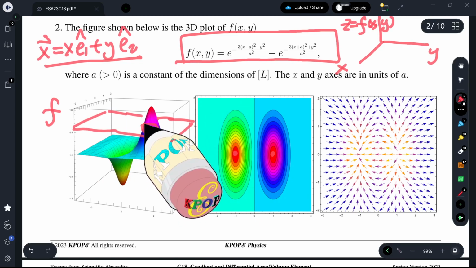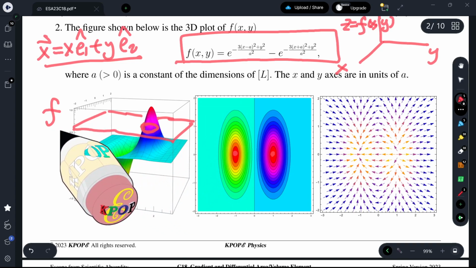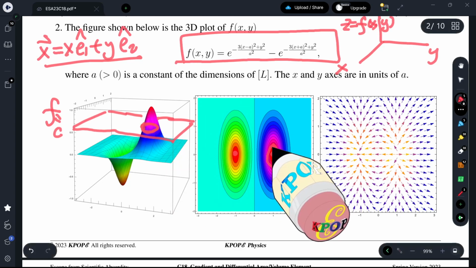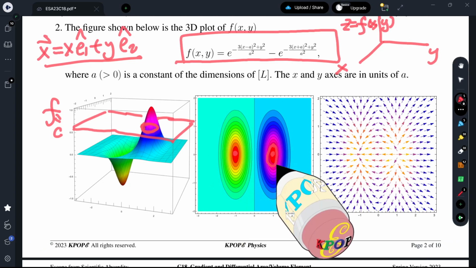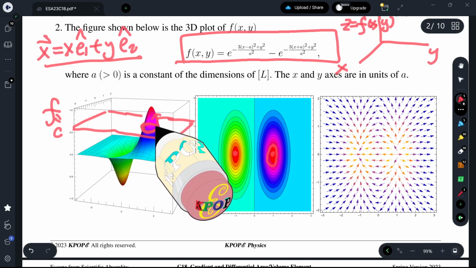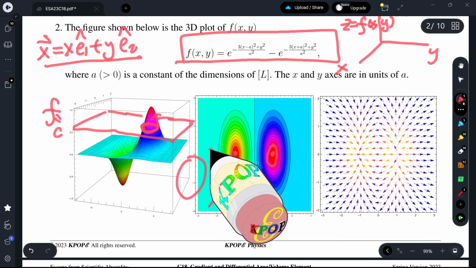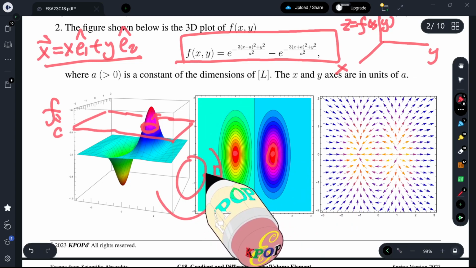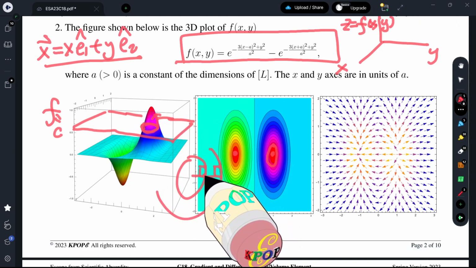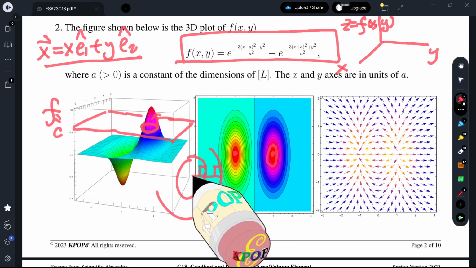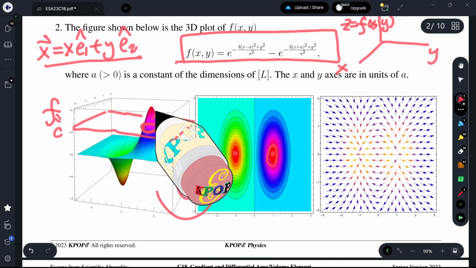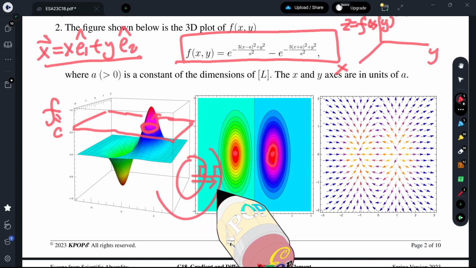Then you will find a closed path having the constant c, f equals some constant. So this one is called a contour.